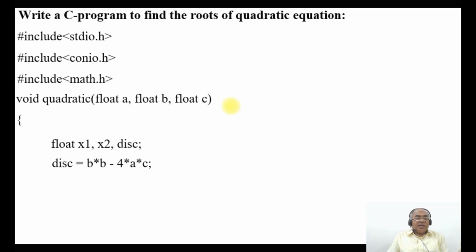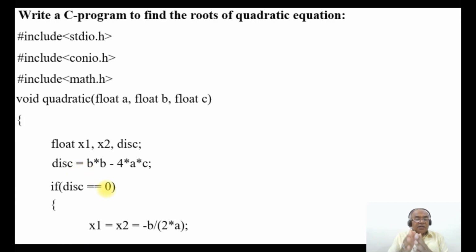So we are going to declare that disc will be equal to, we are assigning it, b into b minus 4 into a into c. If that value becomes 0, that means in minus b plus or minus root of b square minus 4ac by 2a, the discriminant value becomes 0. Then what happens?